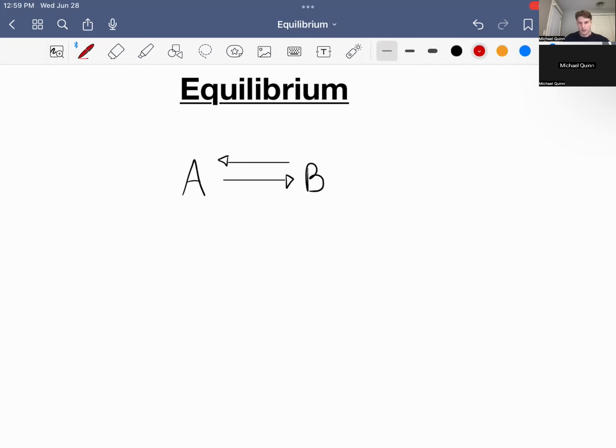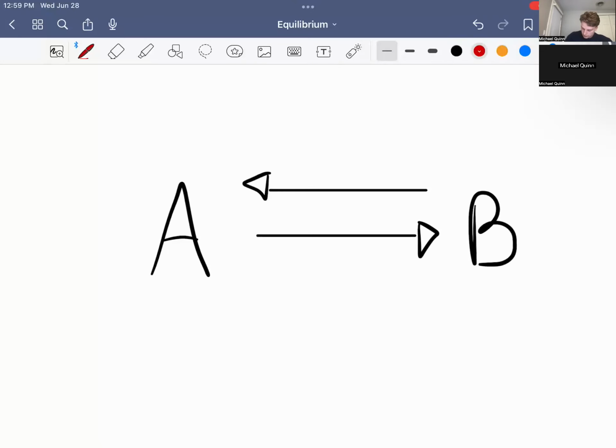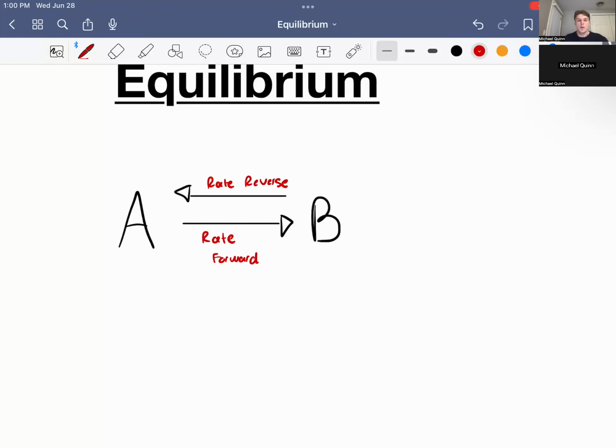What we need to discuss equilibrium as is these are the rates for the forward direction and the reverse direction. So again, equilibrium is not when the concentrations on each side are the same.